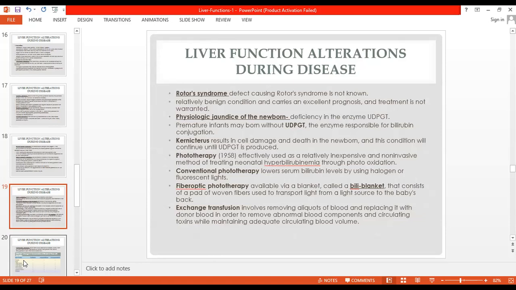Because hyperbilirubinemia is so serious in newborns, bilirubin levels are carefully and frequently monitored so the dangerously high level of unconjugated bilirubin, approximately 20 milligrams per deciliter, can be detected and treated appropriately.